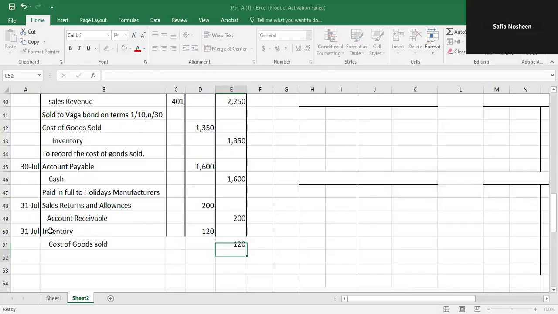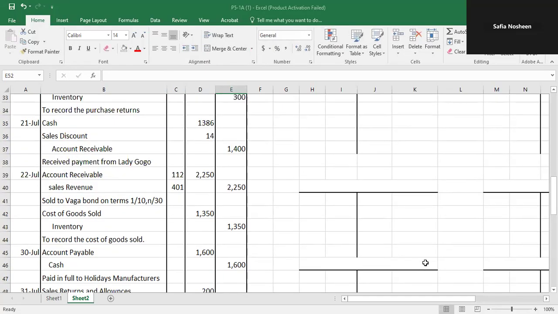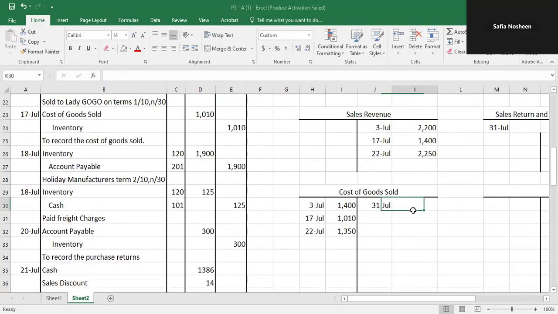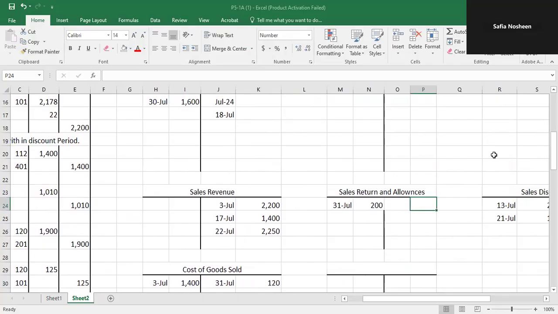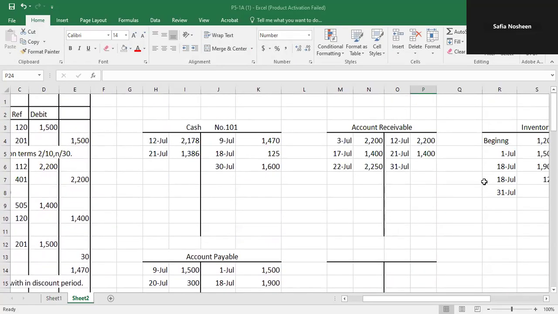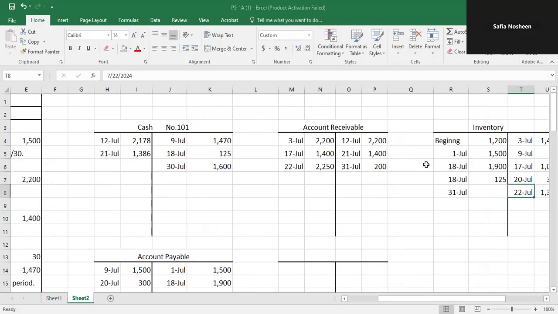So just post it. Cost of goods sold 120. Sales returns 200. Account receivable 200, and the last one is 120. So that's all.